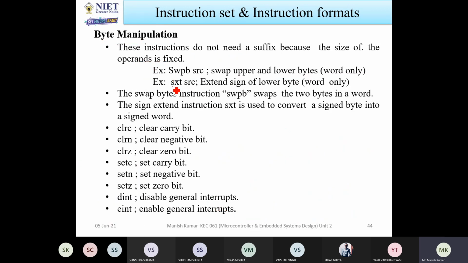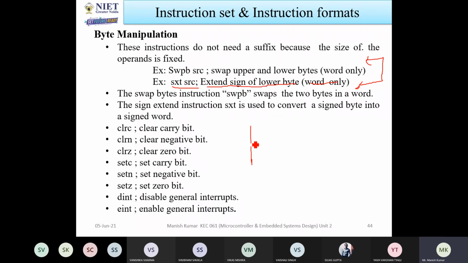Now we will talk about SXT SRC. It means extend sign of lower byte, word only. So these two instructions are used only for words, not bytes. What is the use of SXT SRC? It will extend the sign of the lower byte.